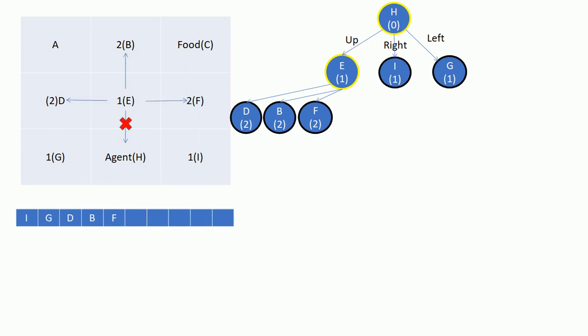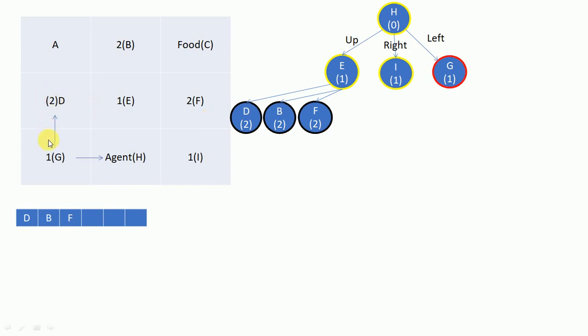Now the next node in the queue is I. We remove I from the queue and we add its neighbors, all those neighbors that have not been visited previously. So in this case, F and H have both been added to the queue, so they will not be added again.